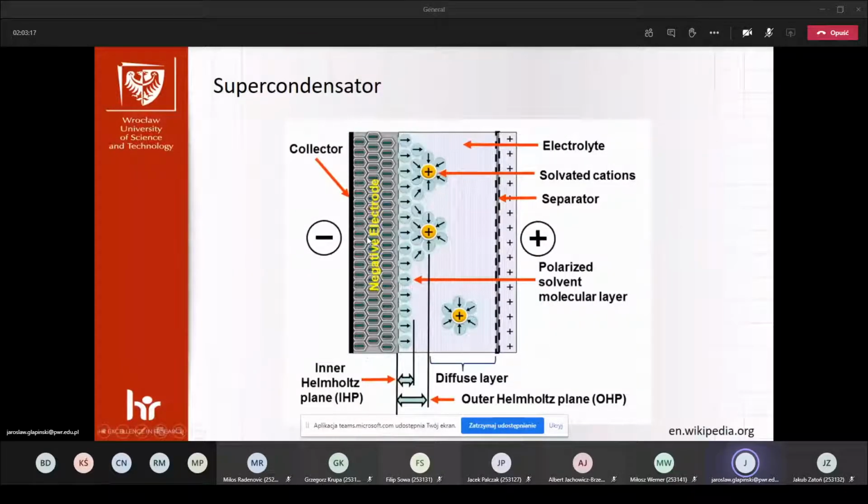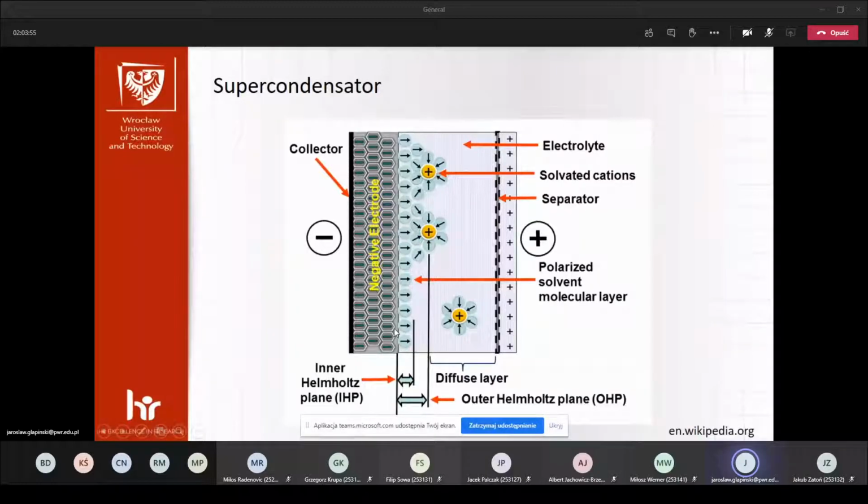So this is, of course, how it is built inside. We've got negative and positive electrodes, because this is not an electrolytic capacitor, but something like a battery. So we have the polarization of this element. Do remember that supercapacitors have polarization. Okay, this is the Helmholtz plane.